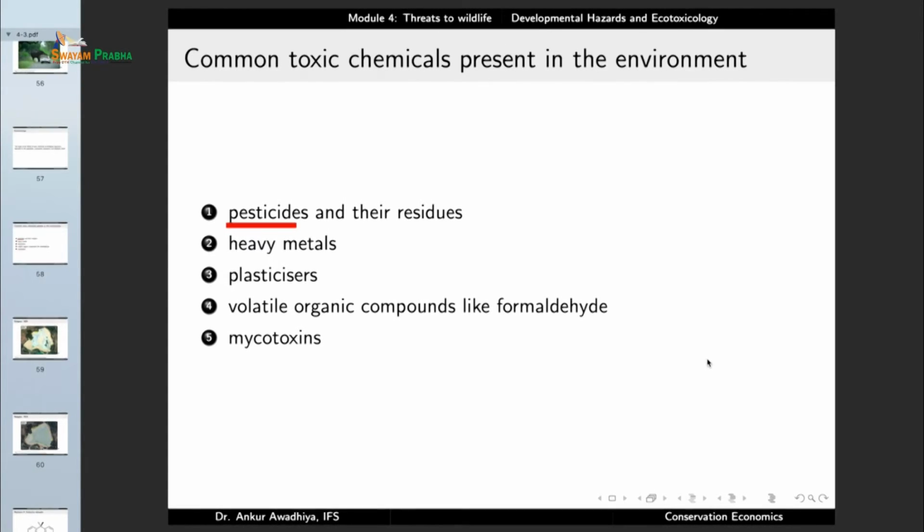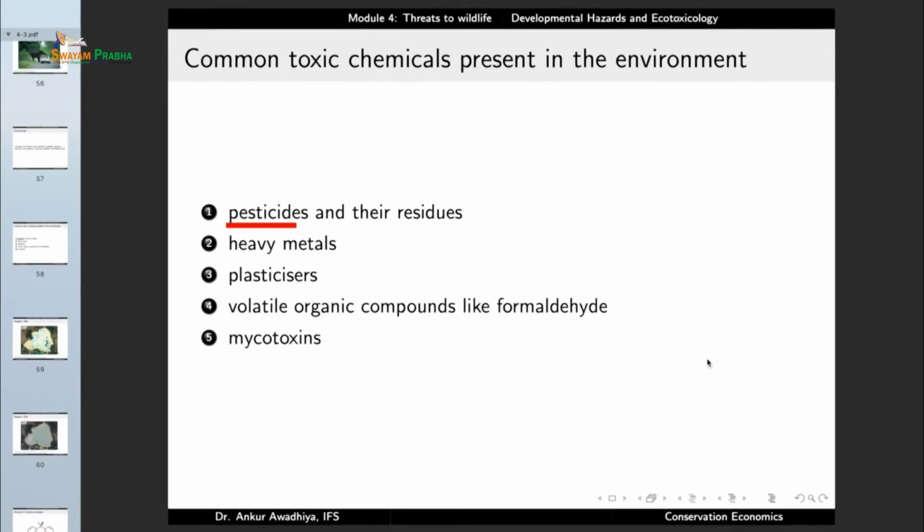Even though certain processes, certain chemical reactions, will change these pesticides, some of the residues will remain in the environment, and that will create a condition that will have an impact on certain organisms. So ecotoxicology studies the impacts of pesticides and their residues, and we'll have a look at what these impacts are in a short while.